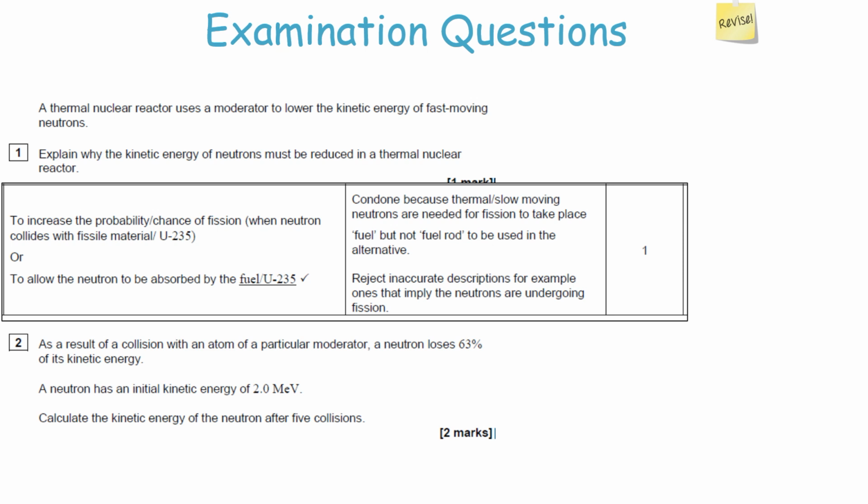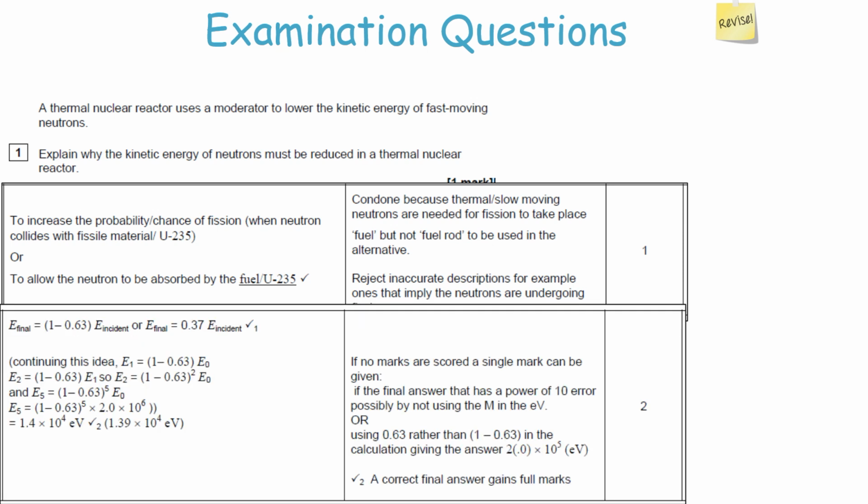Now, how can you work out how much the energy has gone down by after 5 collisions? If it loses 63% of energy every single time, then it must be left with 0.37 or 37% of the energy.